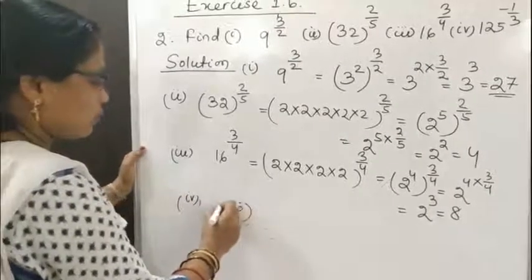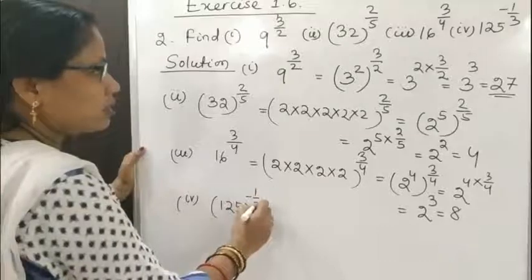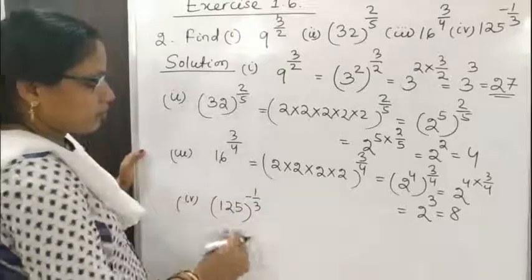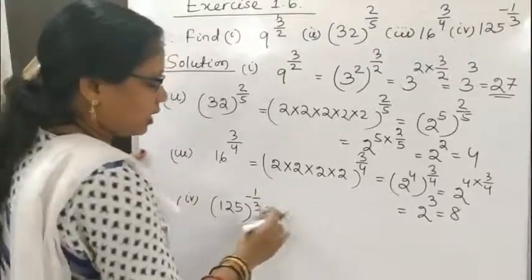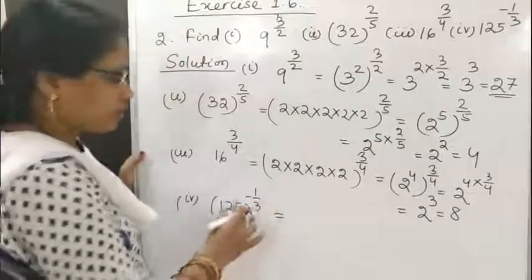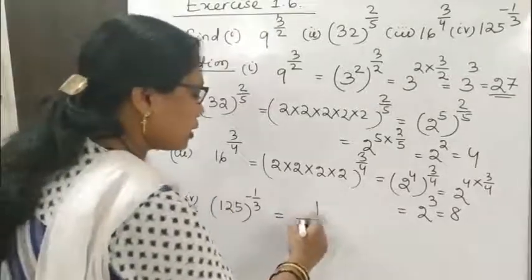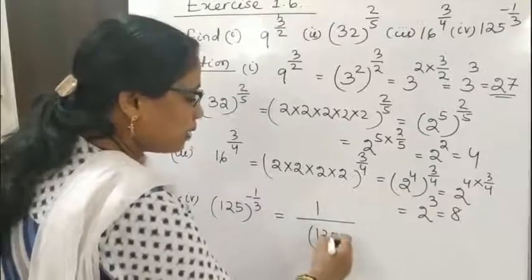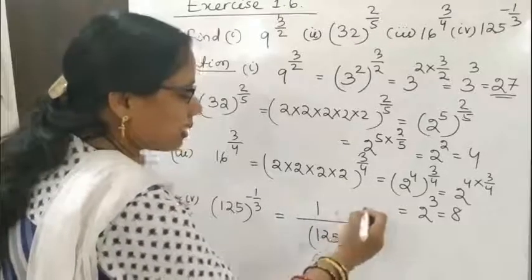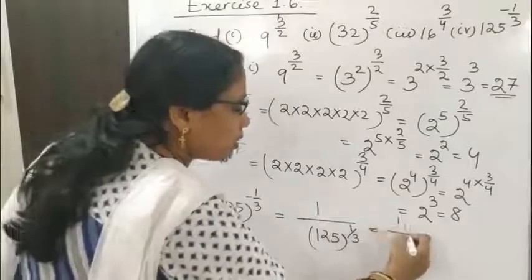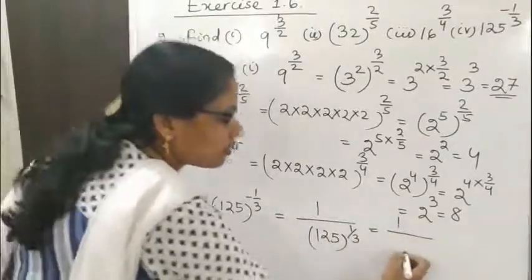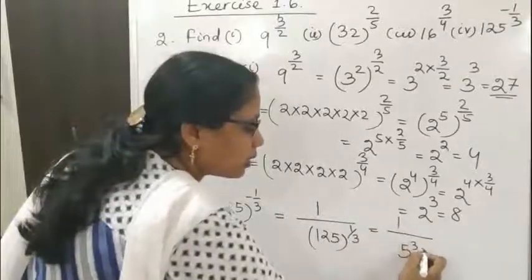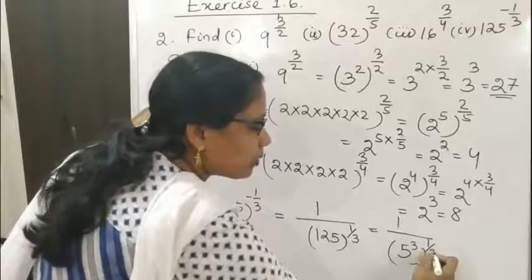Then the fourth one, 125 to the power minus 1 by 3. So the exponent is negative, so we can write it as 1 by 125 to the power 1 by 3. We know that 125 is equal to 5 to the power 3, whole to the power 1 by 3.